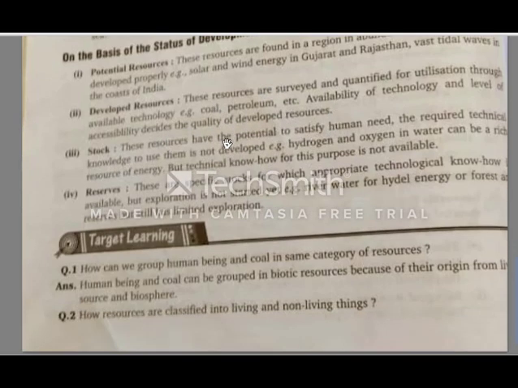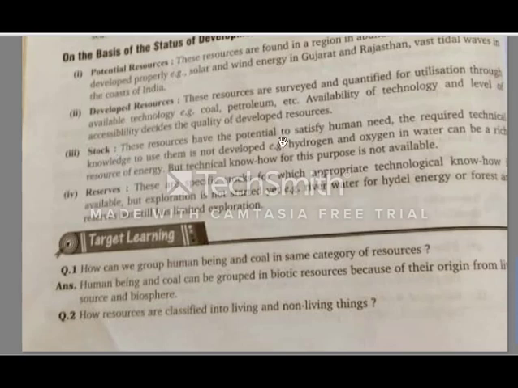Okay, next, stock. These resources have the potential to satisfy human needs. The required technological knowledge to use them is not developed. Hydrogen and oxygen in water can be a rich resource of energy, but technical know-how for this purpose is not available. It means some of them we are using, okay?